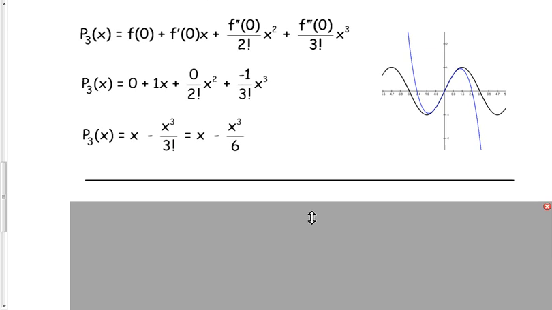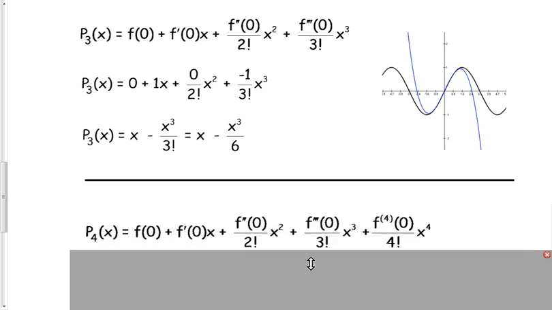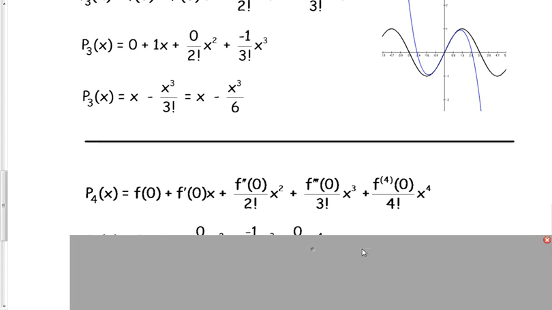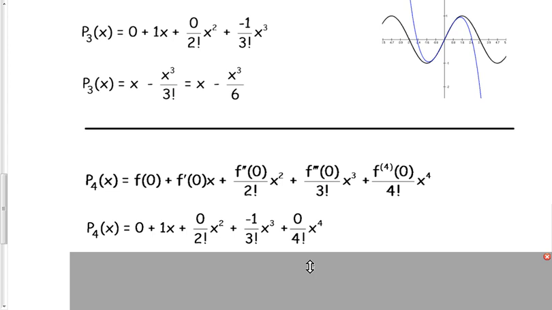Now we were asked to find the fourth order Taylor polynomial, so that means that's what we're calculating. And so now we're just filling in the f of 0, the f prime of 0, f double prime of 0, and so on from the work that we used above, where we calculated.